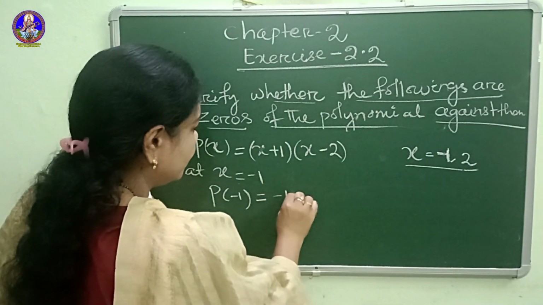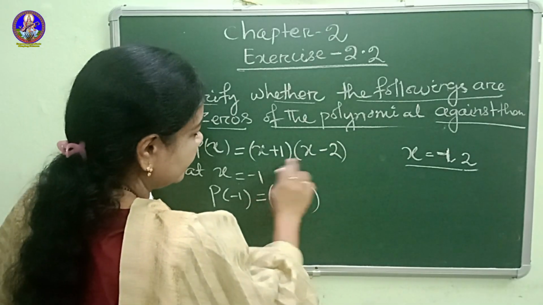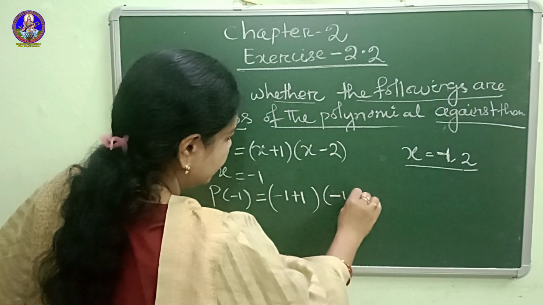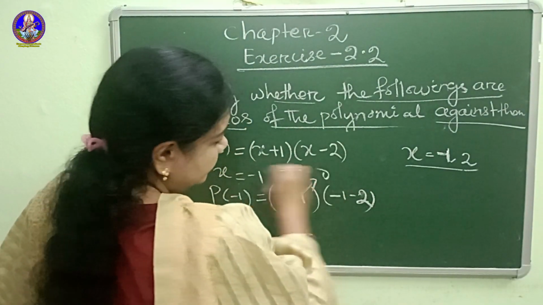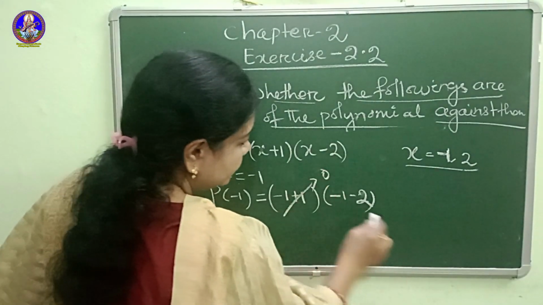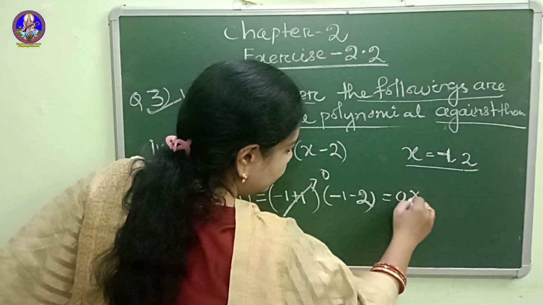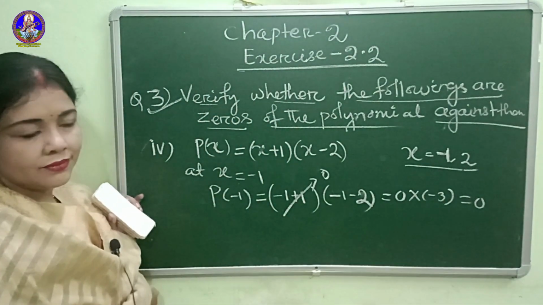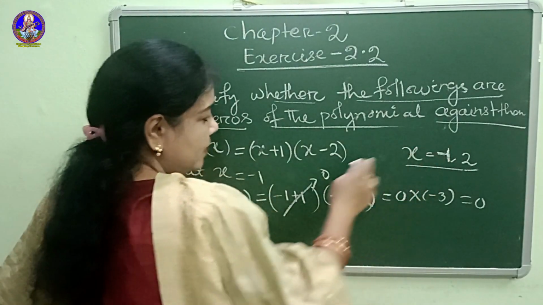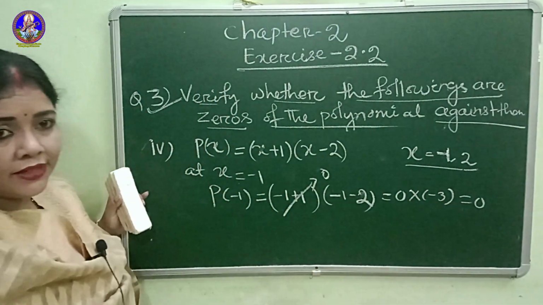That means minus 1 plus 1 and minus 1 minus 2. Now, this is 0, plus 1 and minus 1 cancel, 0. So, 0 into minus 3 is equal to 0. So, at x is equal to minus 1, we are having a 0 value.